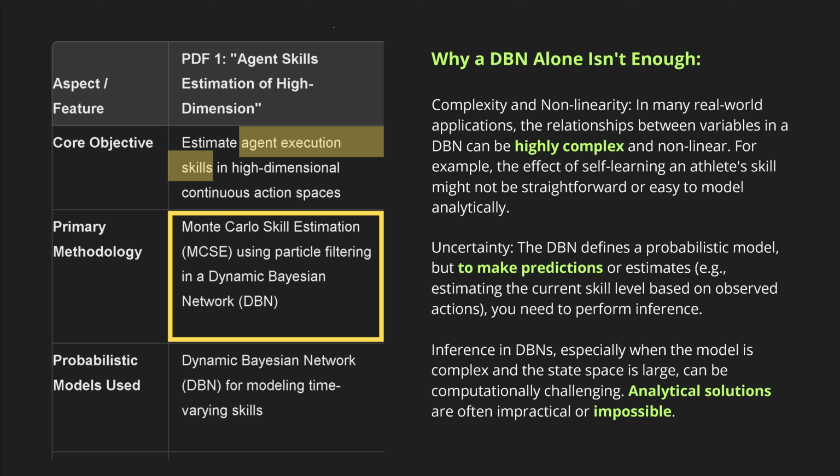And inference in dynamic Bayesian networks, especially when the model is complex and the state space is large, yes, we also have an action space, a decision space, and the state space of the system at a particular time, can be computationally challenging. So in simple words, analytical solutions of our beautiful structure are often impossible.